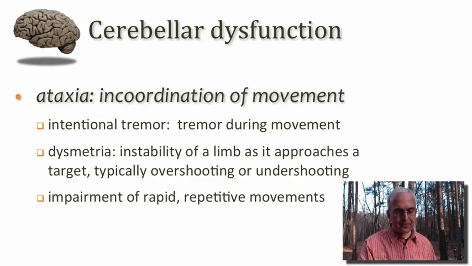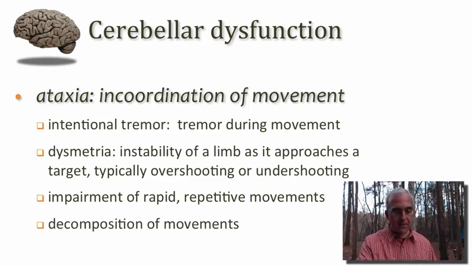There may be an impairment of alternating movements that is sometimes tested in the clinic. One should be able to alternately rotate around the wrist at a fairly rapid rate. And if there is either a breakdown in rhythm or a reduction in speed, then perhaps that suggests that there may be a problem in the governance of that motion via the cerebellum.